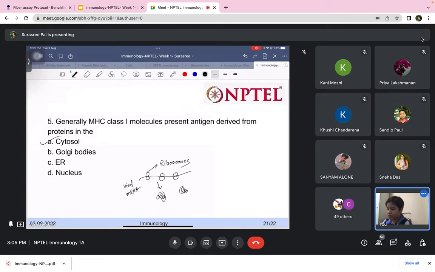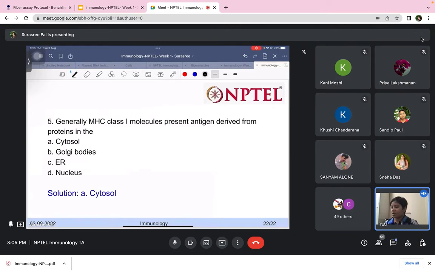These are the viral proteins. So they come in the cytosol of the host cell, right? This is all happening in the cytosol of the host. And these antigens are then processed and presented by MHC class 1. So that is why this is the answer.